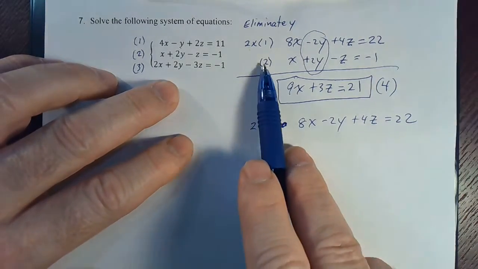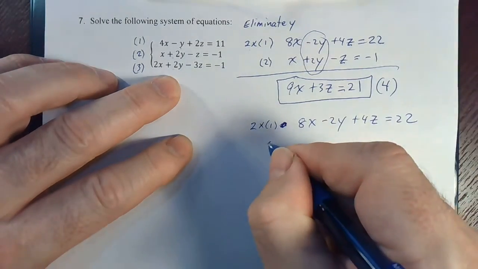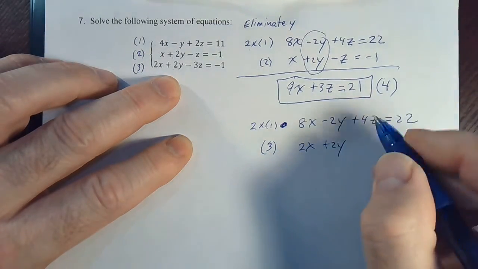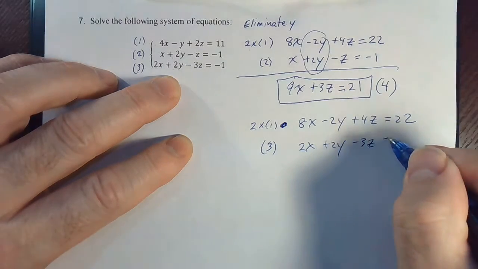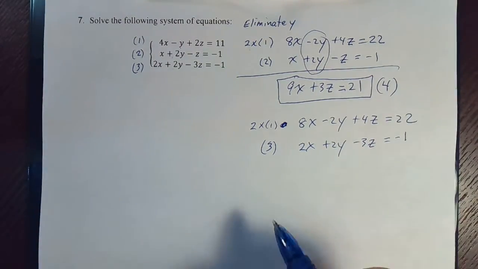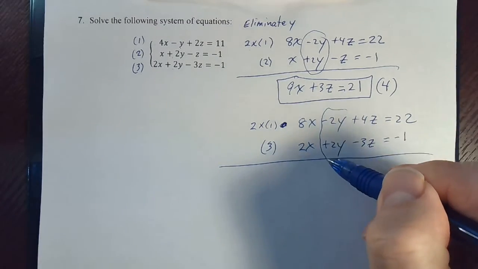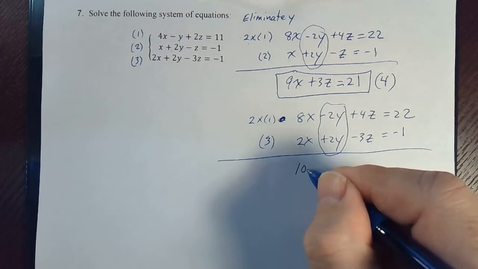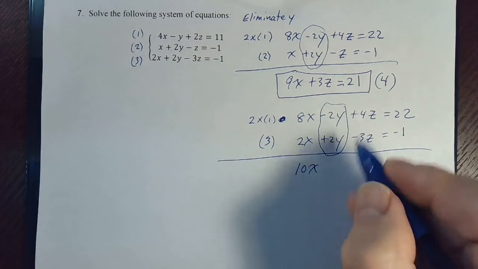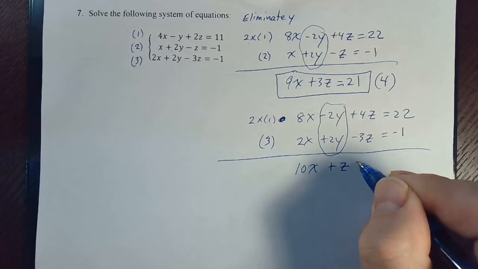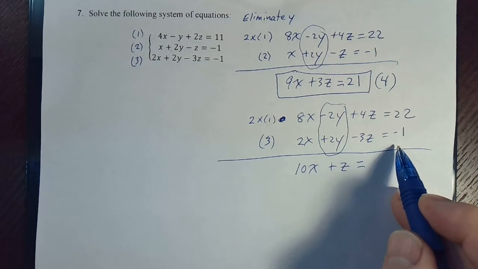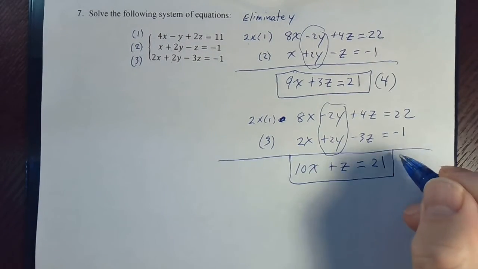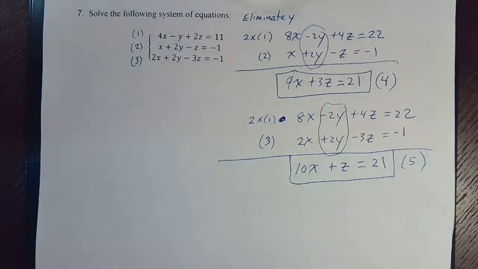Underneath it, I'm going to put equation number 3, which is 2x plus 2y minus 3z equals negative 1. We're going to add them up, and again, the y's are going to disappear. So we get 10x plus z equals, what do we get? 21. We could call that equation number 5 if we like.